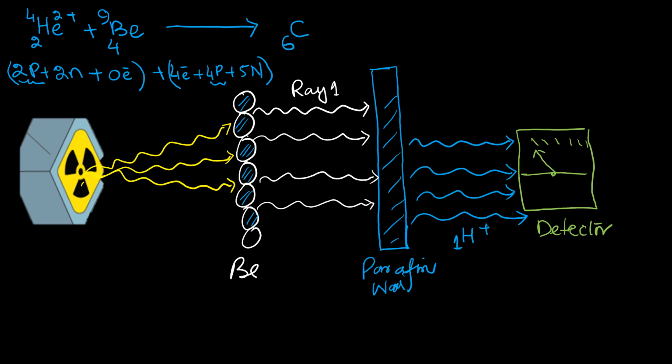Now atomic mass is basically the mass of protons and neutrons in a nucleus. So helium nuclei has 2 neutrons and 2 protons, so 4 is here, whereas beryllium has 4 protons and 5 neutrons, so this means 13 is the total. However, carbon has atomic mass 12.